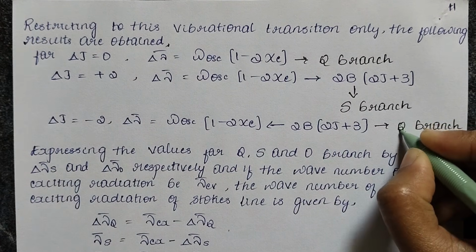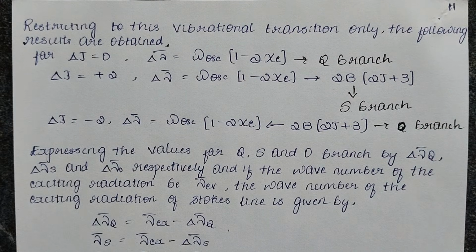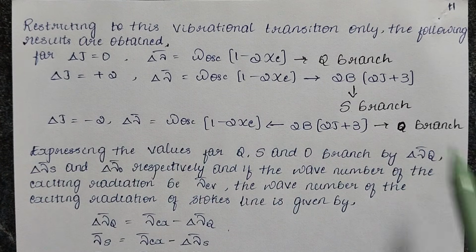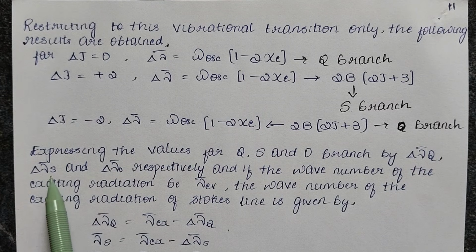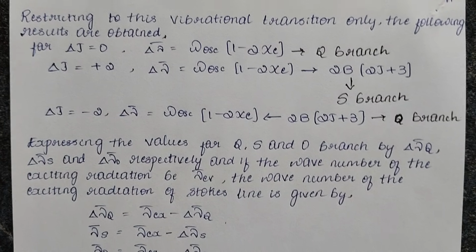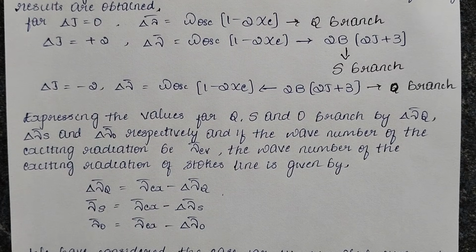This is actually the O branch. Expressing the values for the Q, S and O branches by delta mu bar Q, delta mu bar S and delta mu bar O respectively, if the wave number of the exciting radiation is mu bar EX, then the wave numbers of the Stokes lines are given as follows.